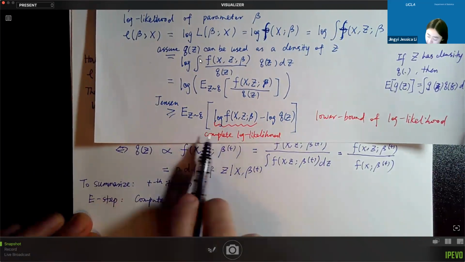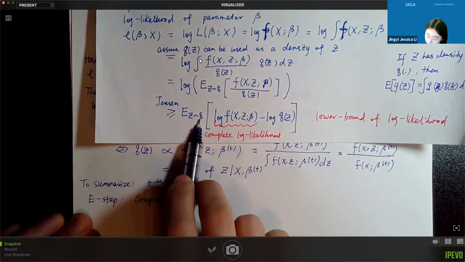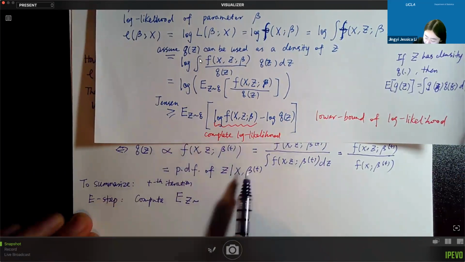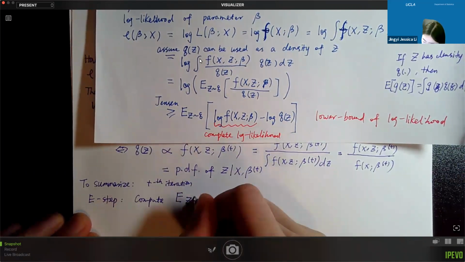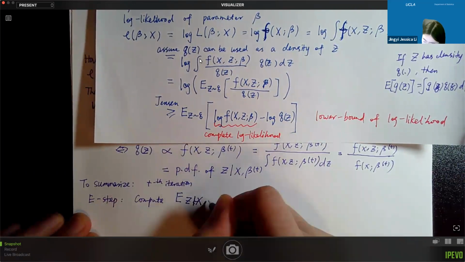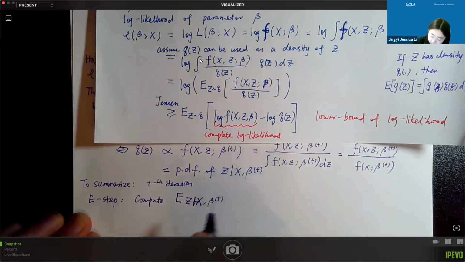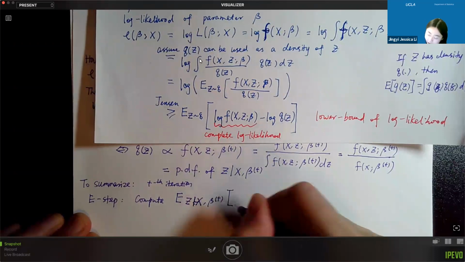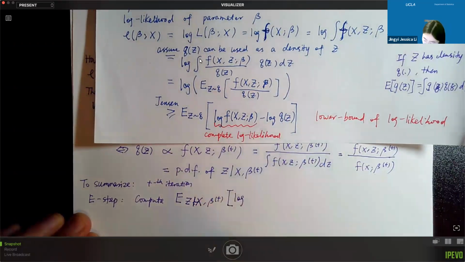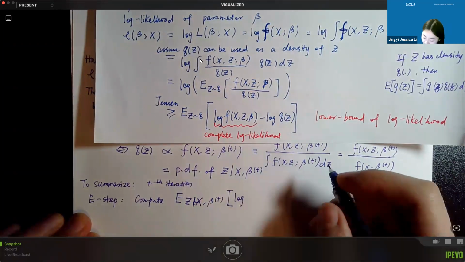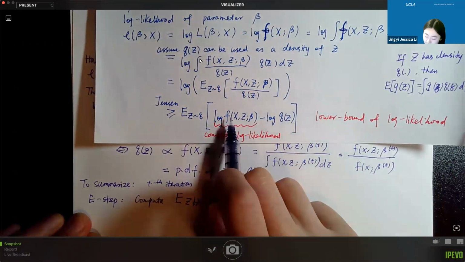We compute the conditional expectation of z given x and beta t. This is our q for our complete log likelihood. So this is the log density, right?